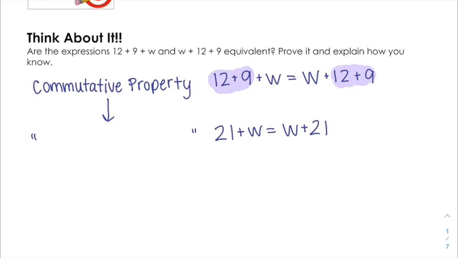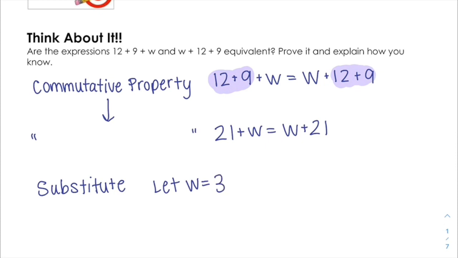The last thing we could have tried is some substitution. So we could pick a number to exchange for w, to substitute for w, and then prove that it was correct. So let's try that one. Let w equal 3.